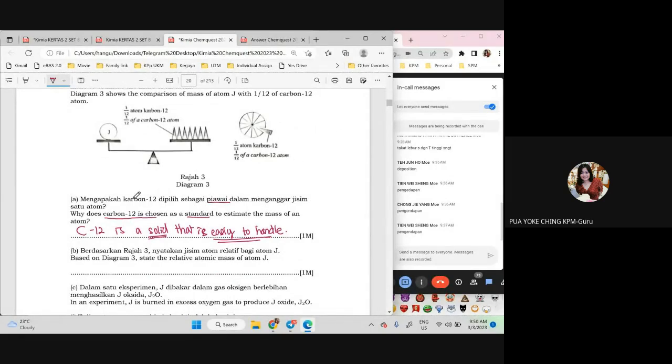Okay. So, tengok gambar ni. Dia suruh tanya, berdasarkan Rajah 3, nyatakan jisim atom relatif bagi J. So, what is the J relative atomic mass? Based on diagram 3, what is your relative atomic mass for J? Anyone?